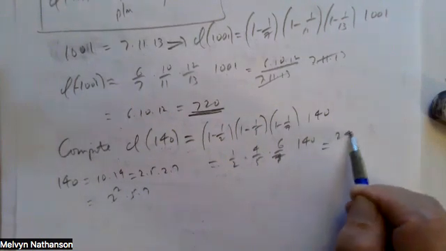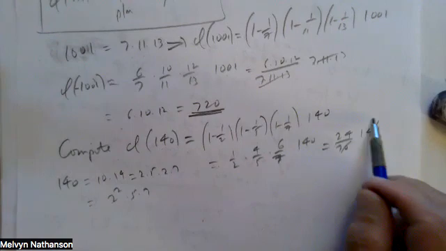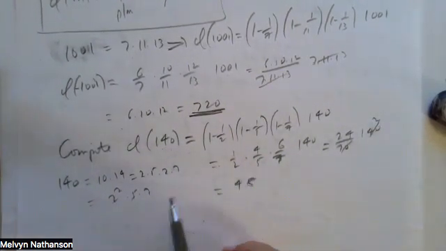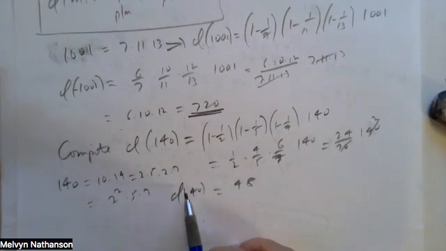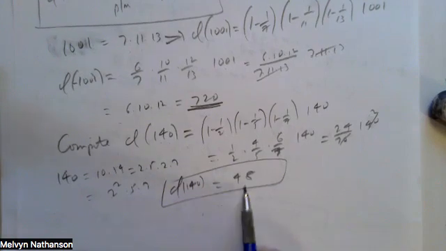This is 24 over 70 times 140. 70 into 140 goes twice, and 24 times 2 is 48. So phi of 140 is 48.